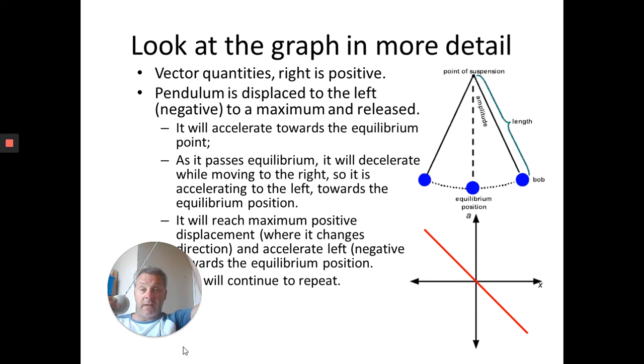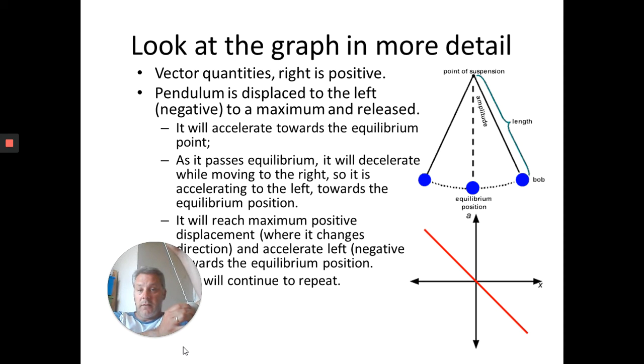As it goes, it's going to accelerate. It's going to reach its maximum speed as it passes the center, and then it's going to decelerate as it goes this way. Therefore, its acceleration is in the opposite direction to what it's moving. So it's accelerated towards the left as it moves towards the right, up until it gets to its maximum displacement again.